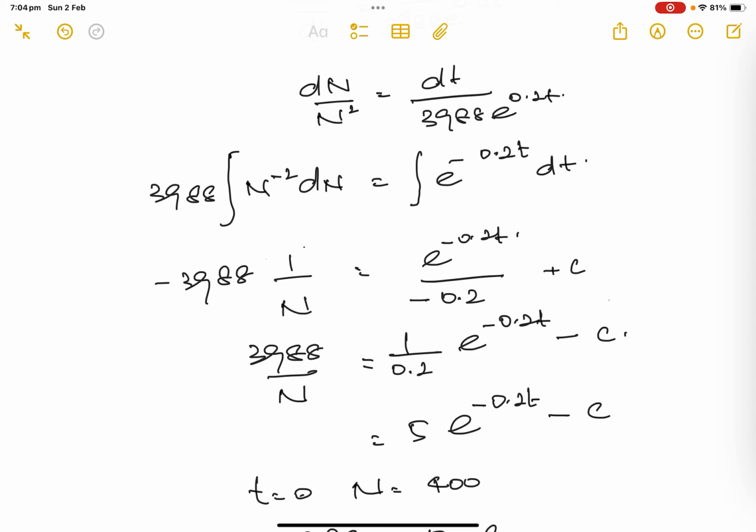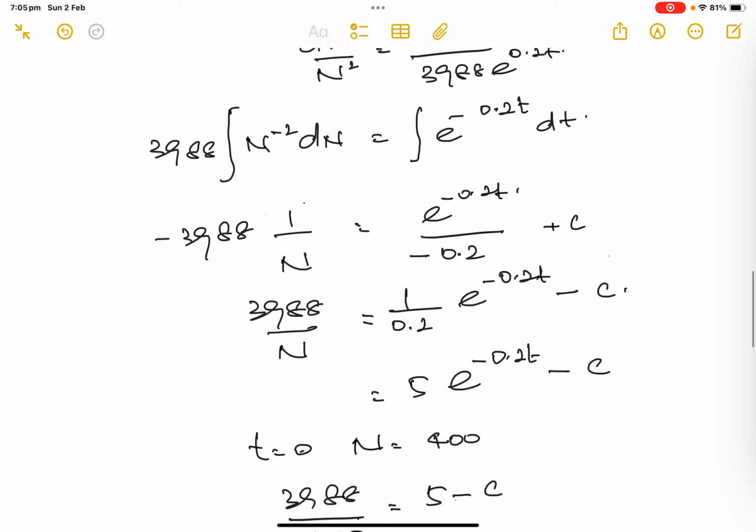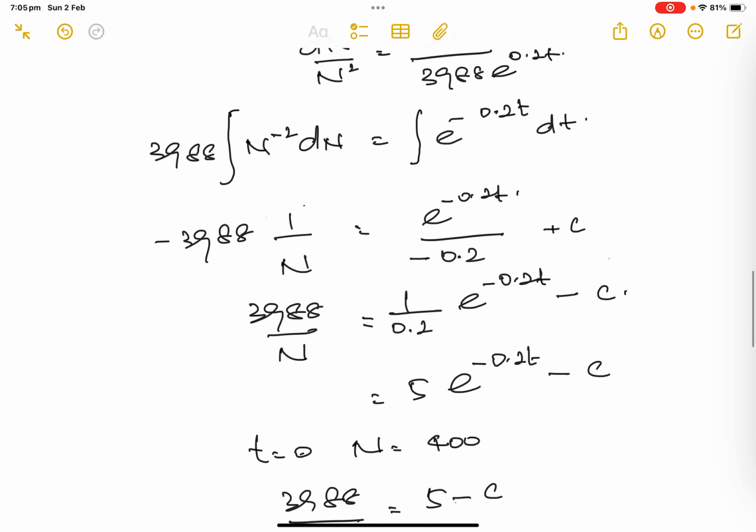Again, this one is e to the power minus 0.2t, and the differentiation of minus 0.2t is minus 0.2, so we have to divide by minus 0.2, plus c, the integral constant.